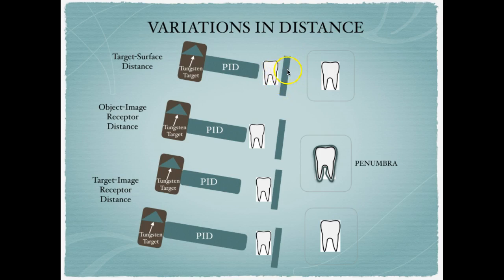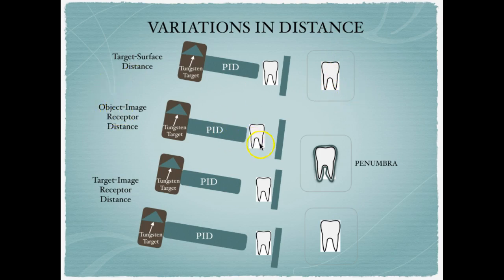With the image receptor being very close to the tooth, which is ideal, and the PID being close to the face of the patient, you will get a diagnostic quality image, a very clear, very sharp image.